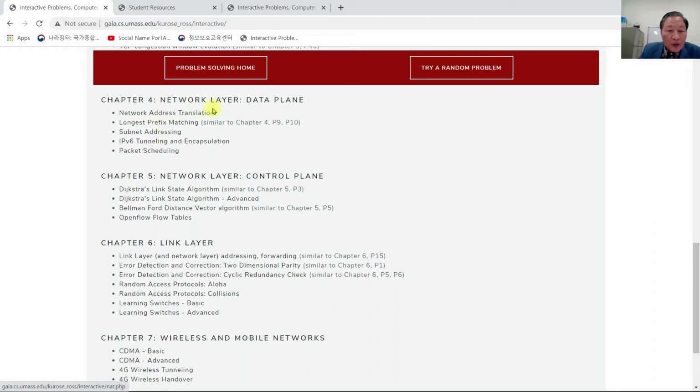And you can refer to this network layer data plane interactive exercises. This one is about network address translation, and this one is about longest prefix matching and subnet addressing, and IPv6 tunneling and encapsulation.